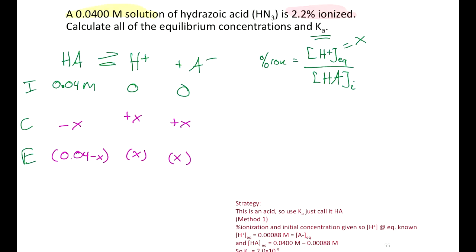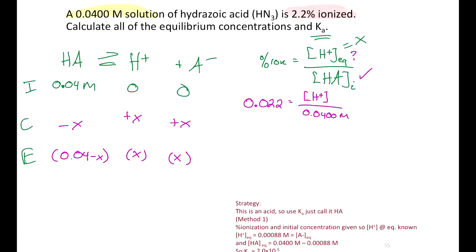So since we are given percent ionization, it's given that it is 2.2%, so 0.022, equals H plus concentration at equilibrium. I'm trying to calculate that. I actually already know the initial concentration on the bottle. That is 0.04 molarity.